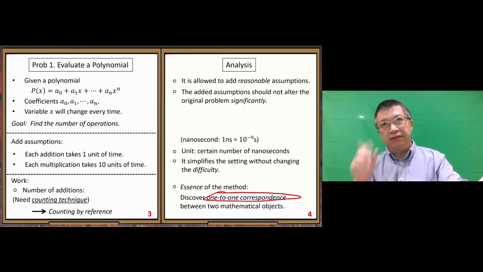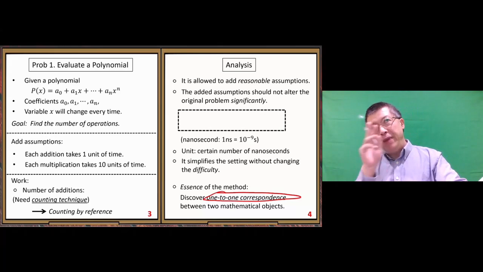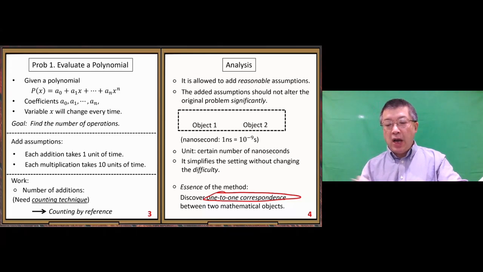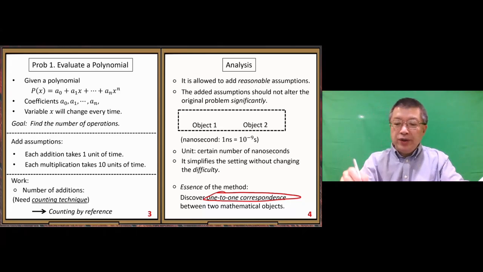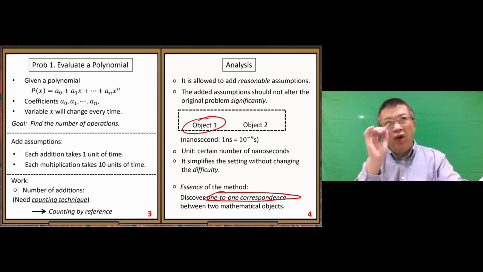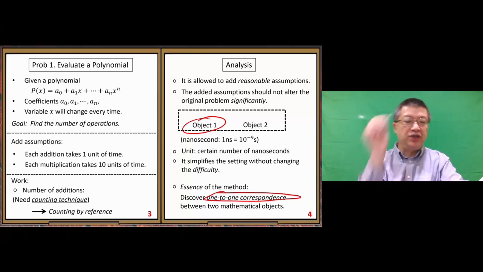Let me explain that relationship. The first one, object one, object two. Our goal is to count the number of elements in object one, but it is not easy to count it directly. Here, it is the number of additions.